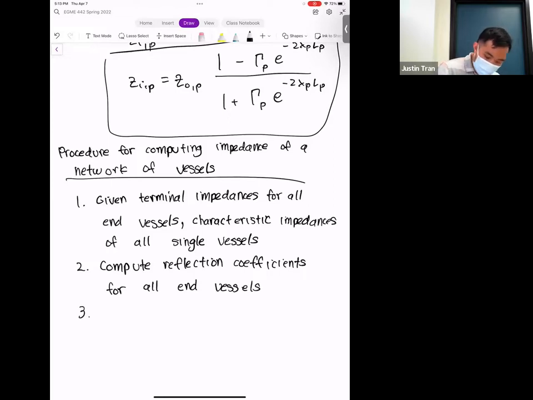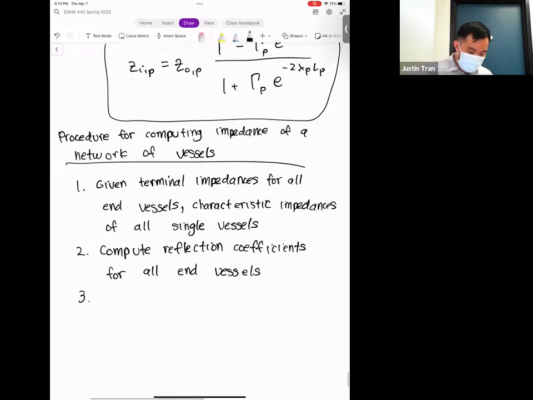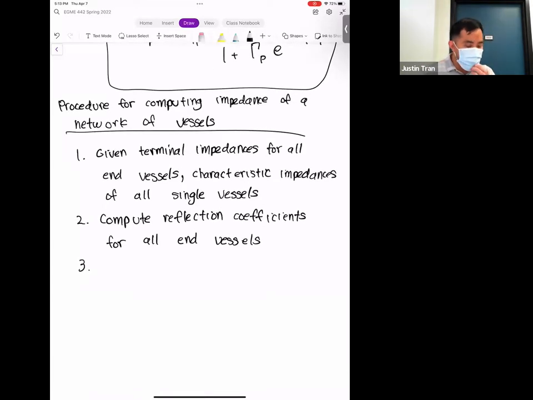That's what we did in the previous example. And then once you compute those reflection coefficients, you can use them to compute the input impedances for all the n vessels.